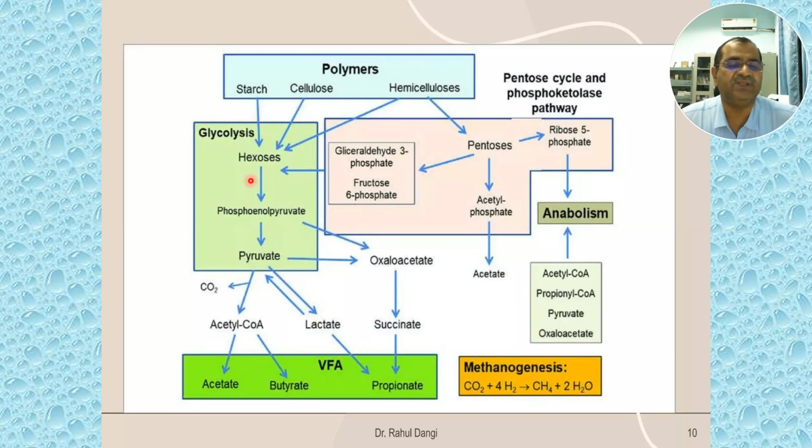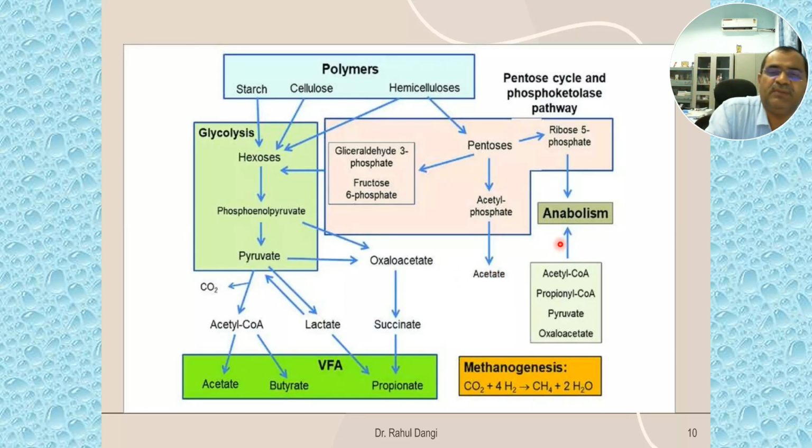Then ultimately this is converted to the hexoses. Then the pentoses are converted to acetyl phosphate, ultimately acetate. So this is another process.